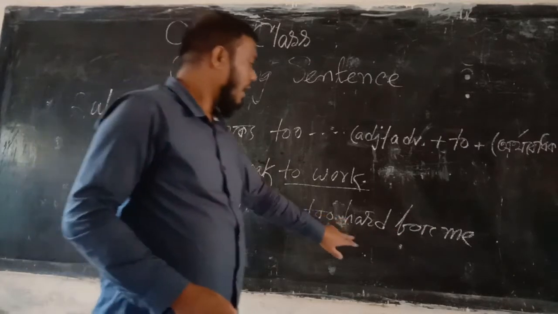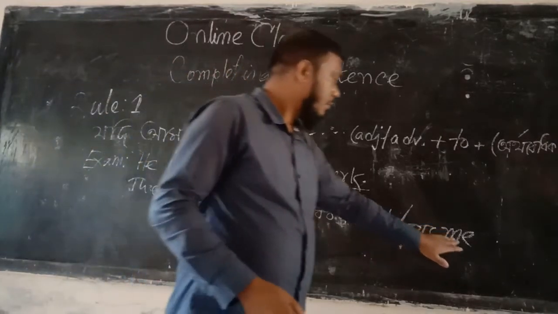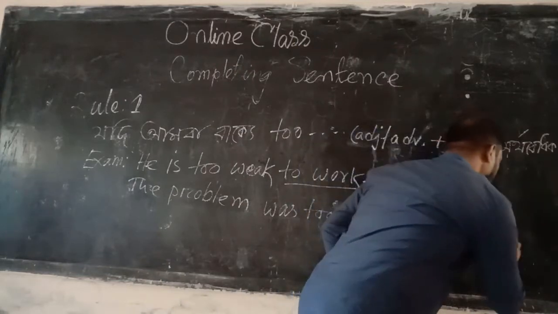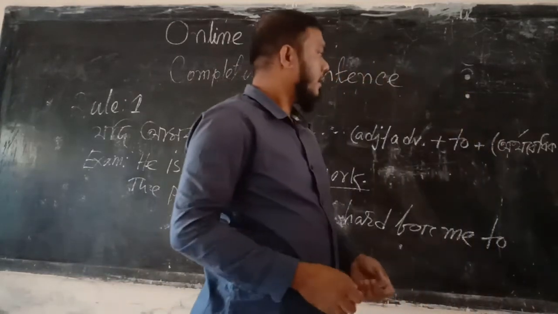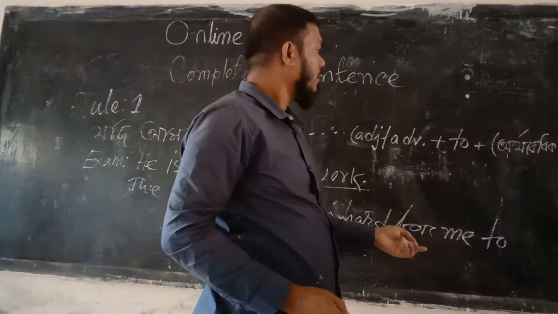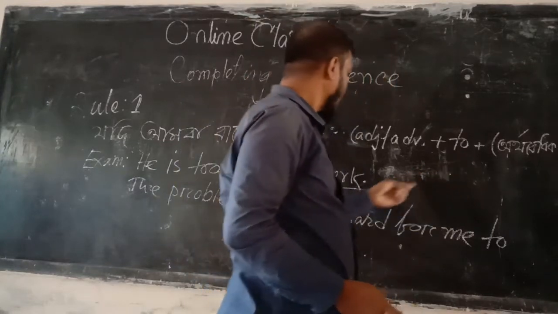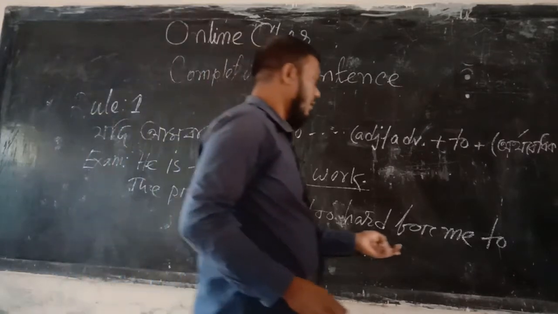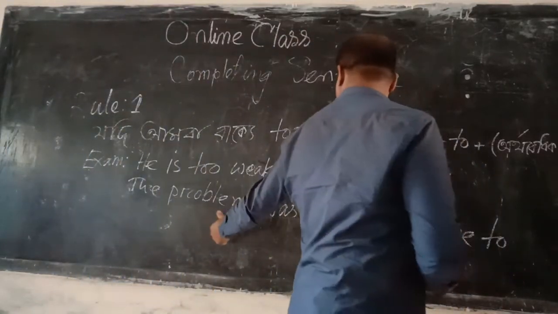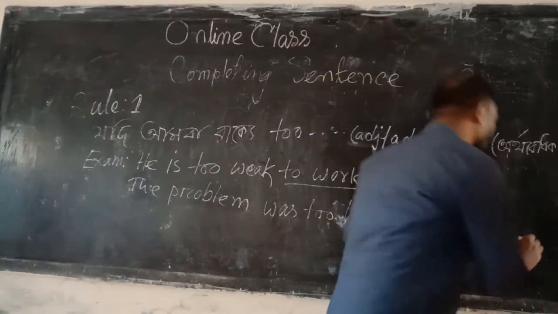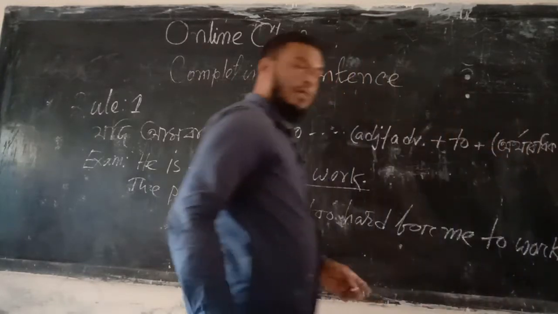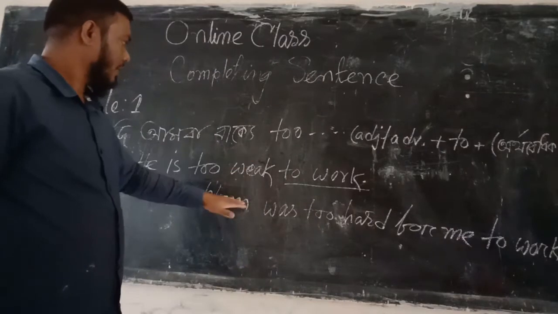That means hard plus for, then personal object, plus "to" according to the structure, then a meaningful verb. The meaning of the verb should be related to the sentences. That means the problem was too hard for me to overcome. I hope that you have understood.